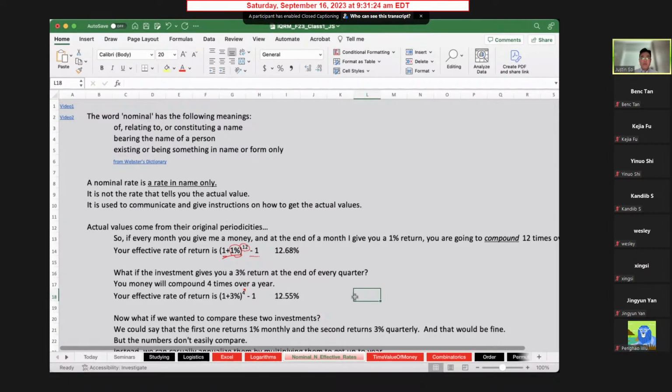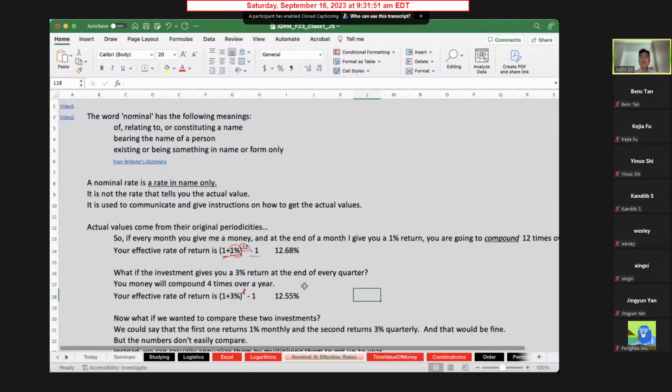So if you compare the nominal rate between these two investments, 12% same, you can't tell which one is better. But if there's compounding with a different frequency, you see the effective rate for the first investment, which has more frequent compounding, is higher. The rate is slightly higher. I mean, both of them have a higher rate than the 12% nominal rate.